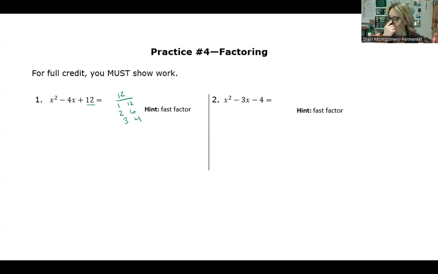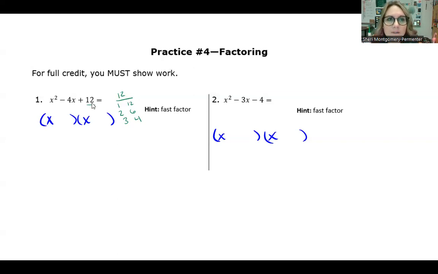Once we get those, we don't have to rewrite them in the opposite order. We can just stop there. To factor, I will have 2 factors, because this is squared. And the variable is x, so I will have x and x. I haven't even started the second problem, but I know that it's going to look the same.